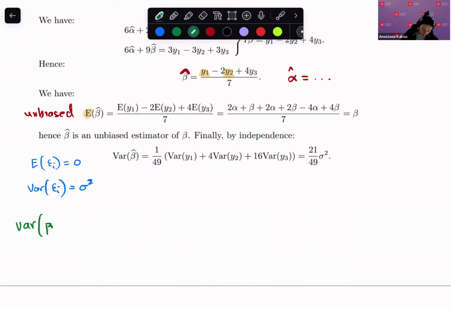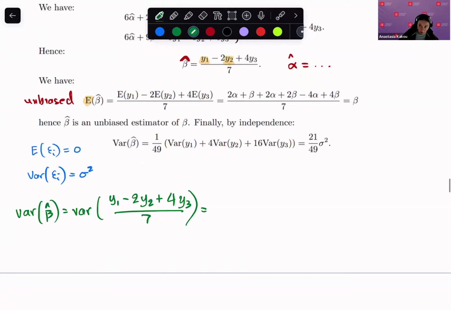What you need to remember is the properties of the variance. I'm going to do the variance bit just to demonstrate it. So the variance of the beta hat will be the variance of y1 minus 2y2 plus 4y3 over 7. The property of the variance means that you square the scalars.